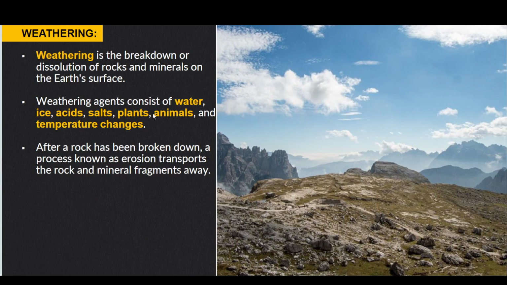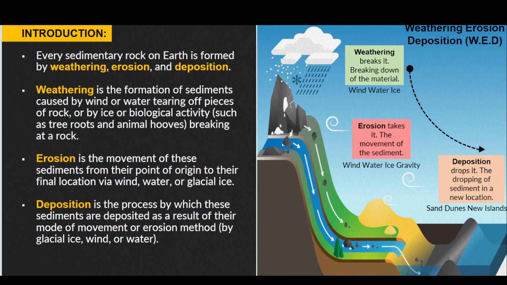Okay. Weathering is the breakdown of rocks or minerals on the Earth's surface, and it can be done by water, ice, acids, salts, plants, animals, or temperature change. So it can be done because of biological activity.